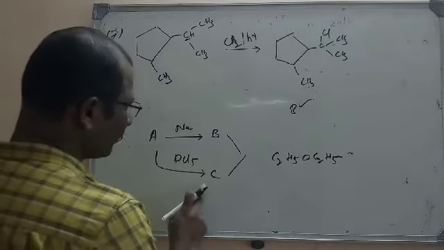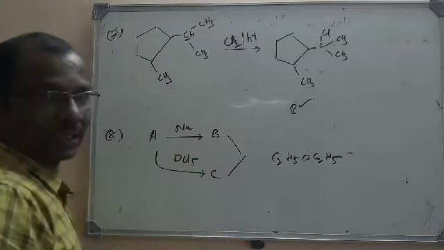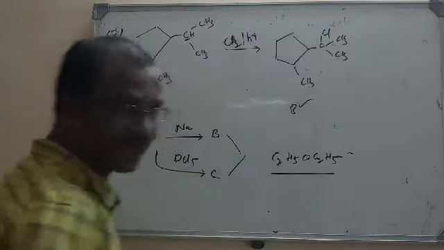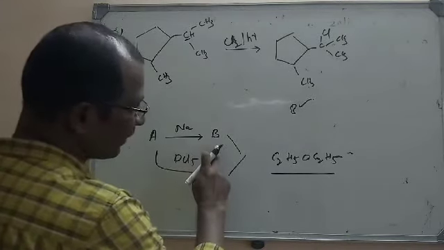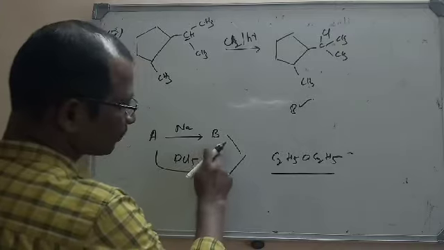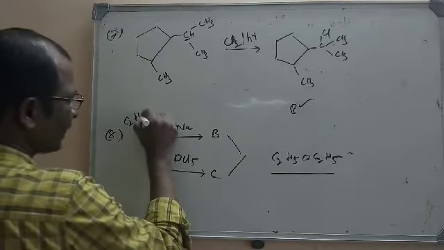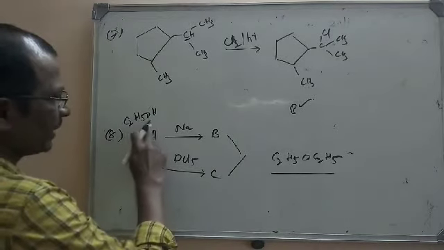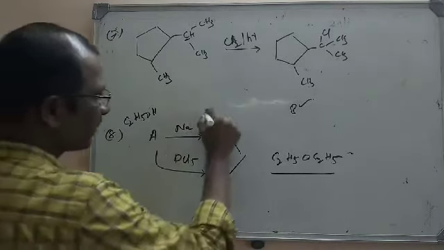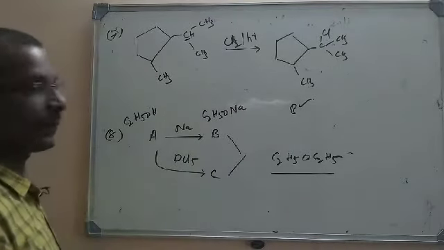So definitely one of them will be an alkyl halide and one an alkoxide. You all know Williamson's ether synthesis. So here we can guess that A will be ethyl alcohol, because 2 ethyl groups are there. Treating with sodium metal, it will form sodium ethoxide, that is C2H5ONa.